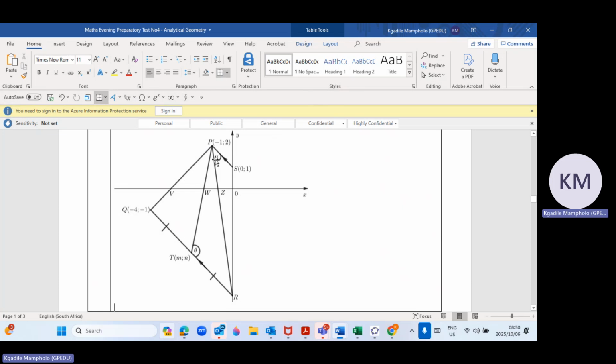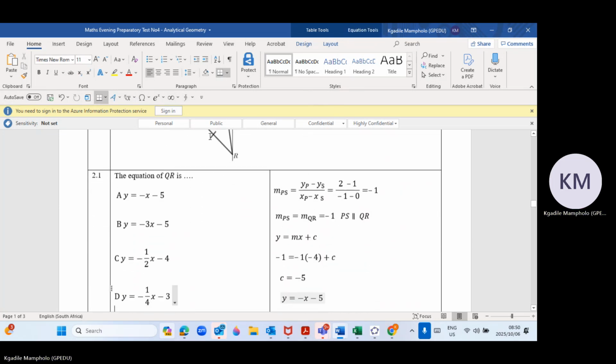Here we can't use the angles of inclination because this theta is not in a triangle, but you can use the cosine rule. We know that you use the cosine rule if you know the lengths of the distances. So we can know the distance of PT, the distance of PR, and the distance of TR, because these are the coordinates.